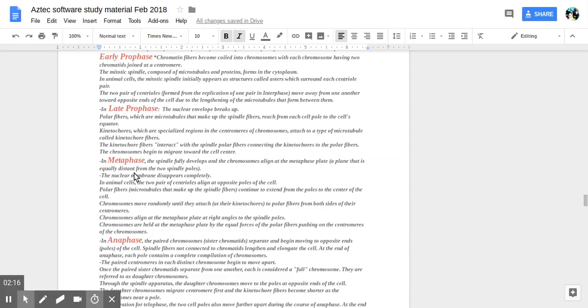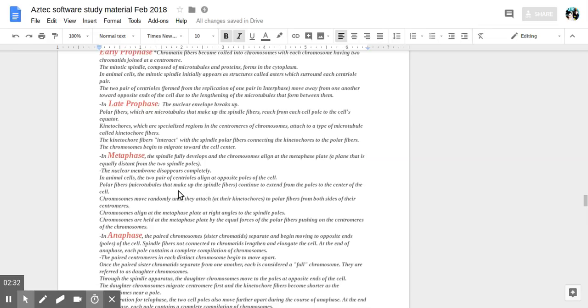All the chromosomes are pulled apart, and finally in late prophase the nuclear envelope is broken up, and in metaphase you have the lining up of the chromosomes.